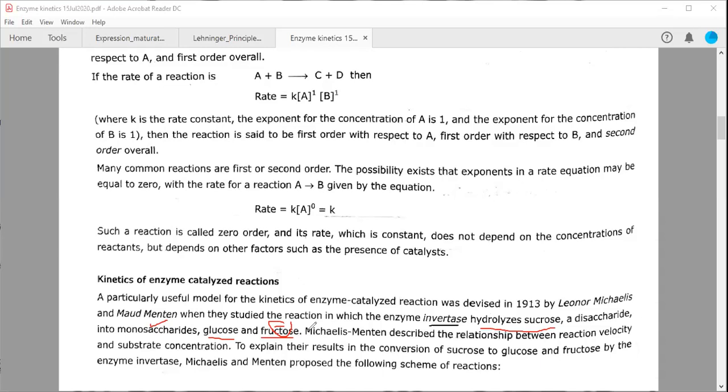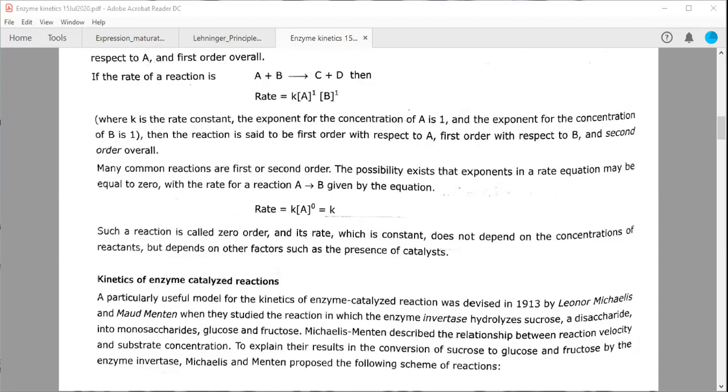So actually, I do not have a model here. Let me first explain what invertase is, then we will move next. I hope you studied this in your BSc first year, so I need not tell you, but I do not know how many of you are aware of why this is called invertase.